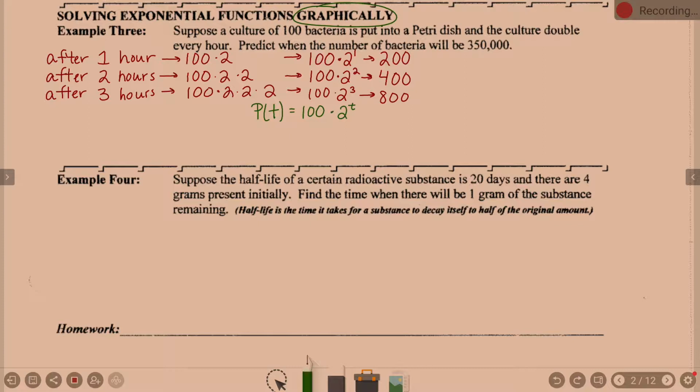The base. And it's the fact of what's happening to the bacteria. They're doubling, right? So when we have this equation of P of t equals 100 times 2 to the t, that 2 represents the fact that we are in a doubling situation. Okay?